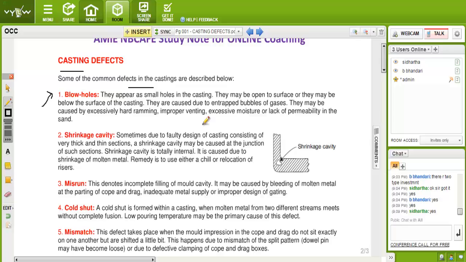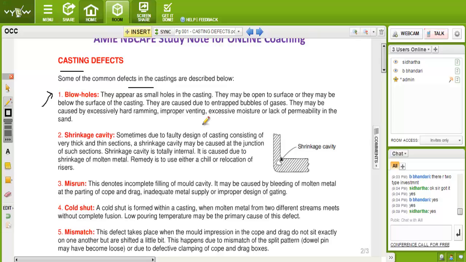They are caused due to entrapped bubbles of gas. They may be caused by excessively hard ramming, improper venting, excessive moisture or lack of permeability in sand. So, what is that blowhole?